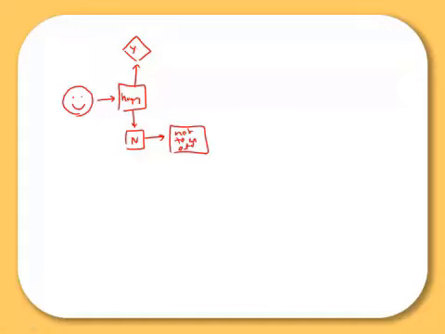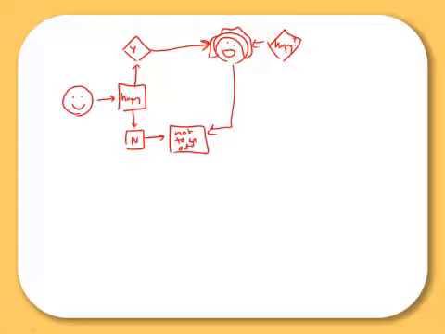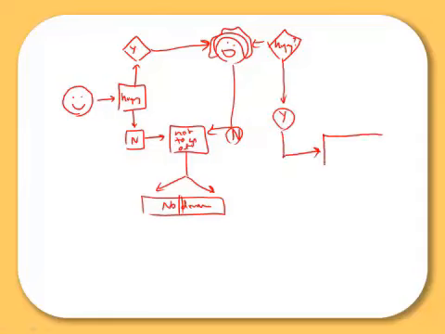If I'm not hungry, there's no reason to go out. But if my decision was yes, what I then do is I go to Isabel and I ask her, are you hungry? If she says no, we don't go out to dinner. If, however, Isabel says yes, then we decide to go to dinner.